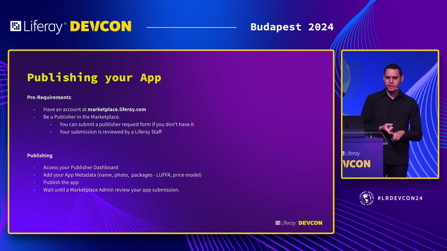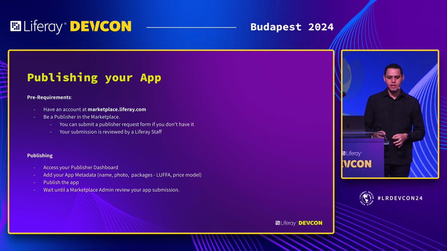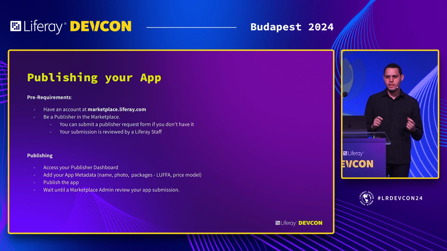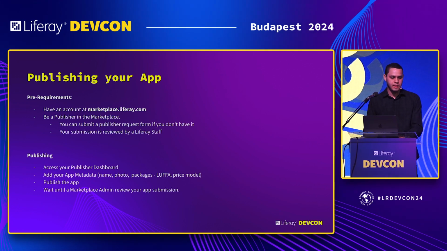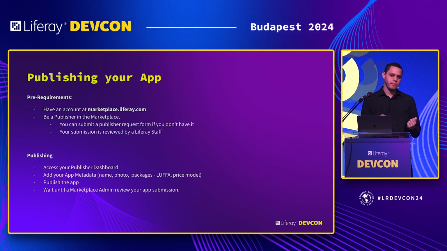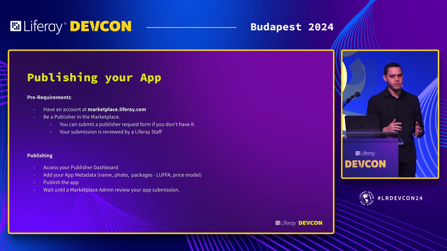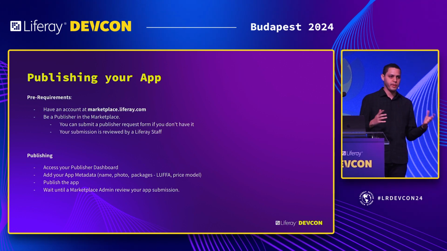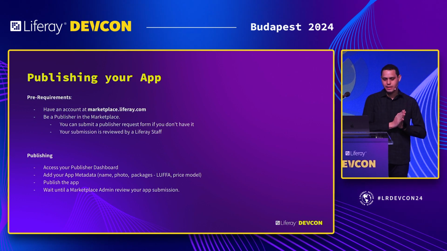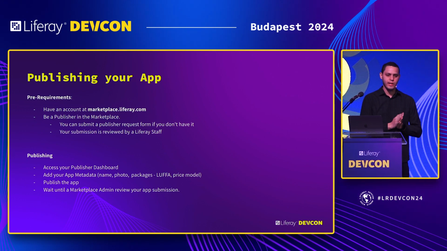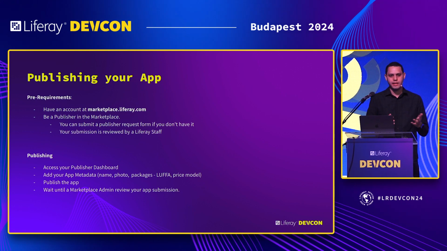The second thing is you need to be a Marketplace publisher. I'll show in a bit how to request a publisher account if you don't have one, but the step is also pretty simple. Once you submit your request to be a publisher, one of the Marketplace administrators, the Marketplace staff, will review the submission and approve you. Currently, me and Sarah are doing this, but if you have any questions, we also have a Marketplace admin email that you can use to contact us.